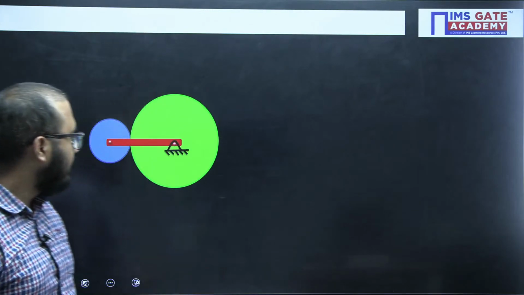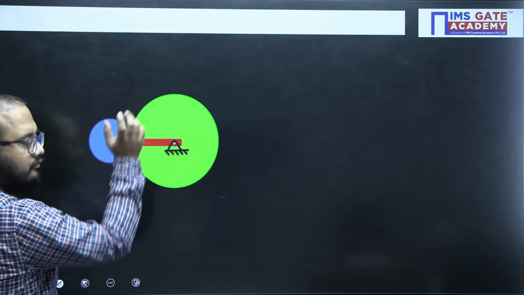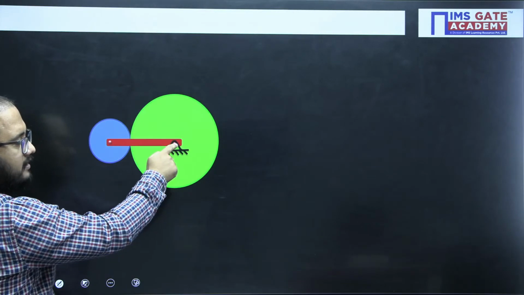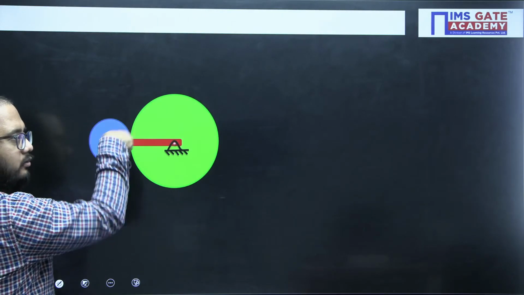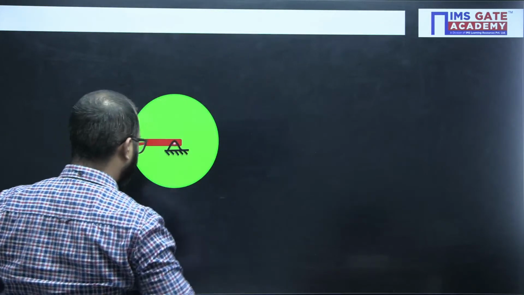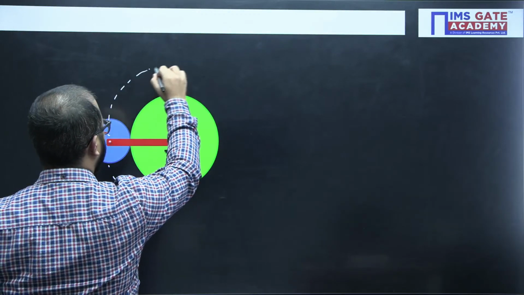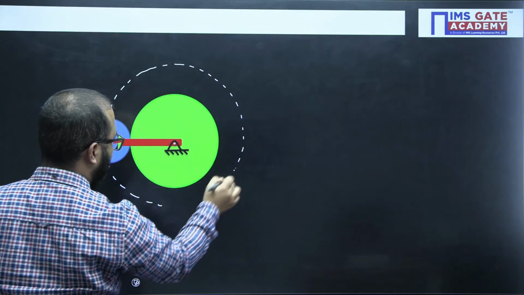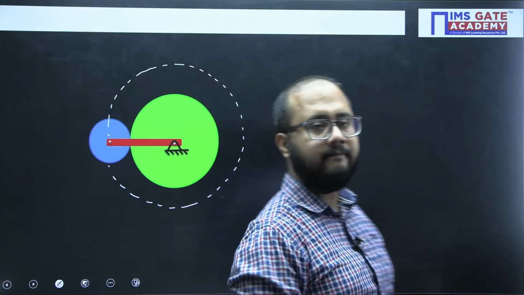Let's suppose the arm is fixed at this end. Now we can consider that this blue gear can rotate about its own axis, and as well as it will rotate like this. It will have that motion.